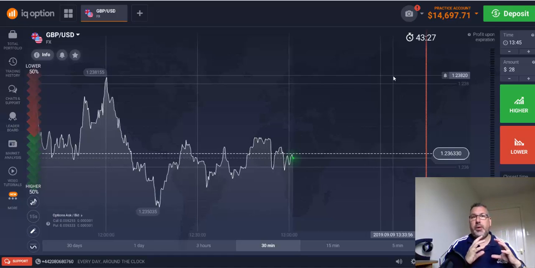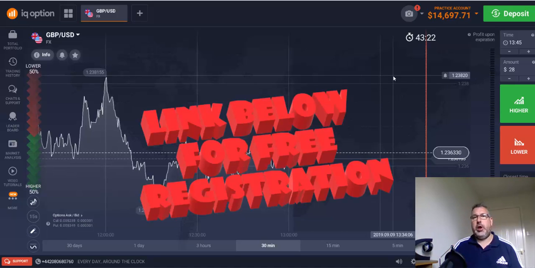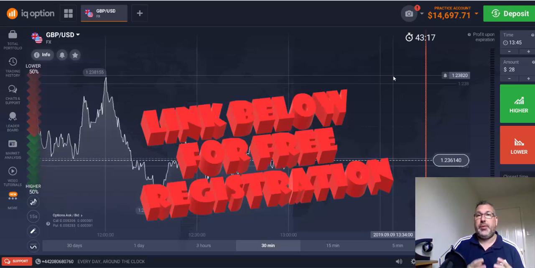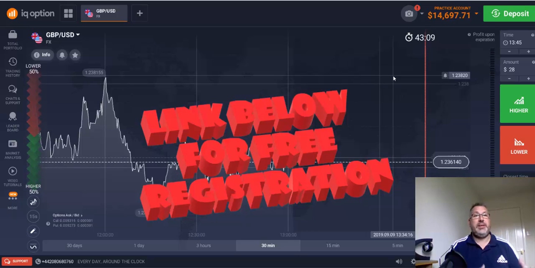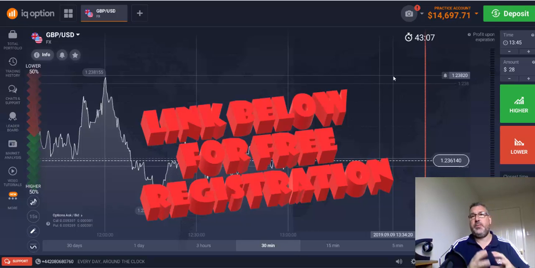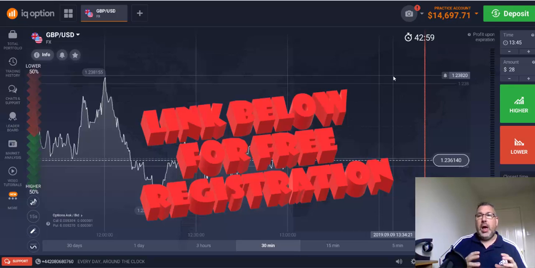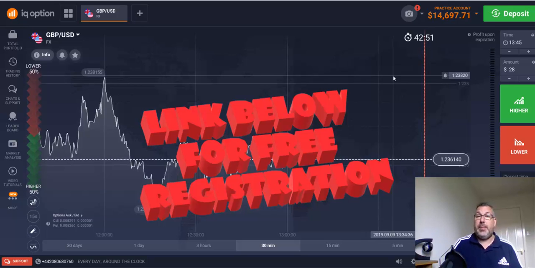Now, a couple of years back, there were a lot of issues with binary options, and certain countries banned the trading of binary options. So, to stay regulated, iqoption, one of the biggest brokerage platforms that has been going for a long time, removed the ability to trade binary options for all EU countries.